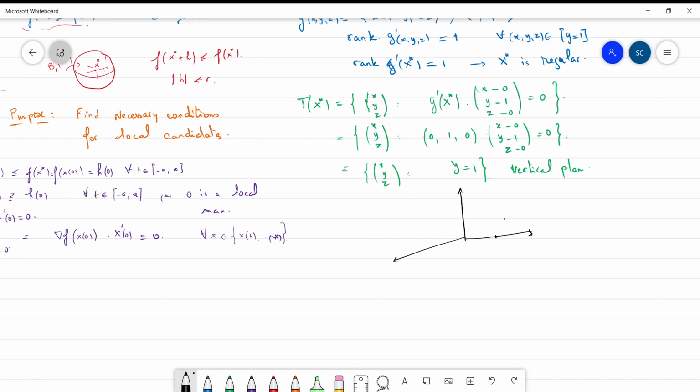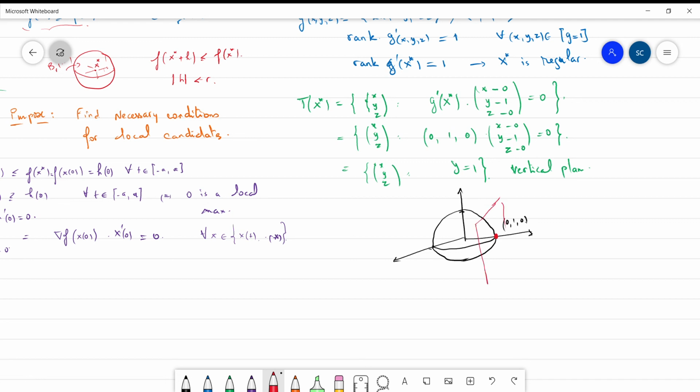This is my point x star, and the equation of my tangent plane is the vertical parallel plane, like that.